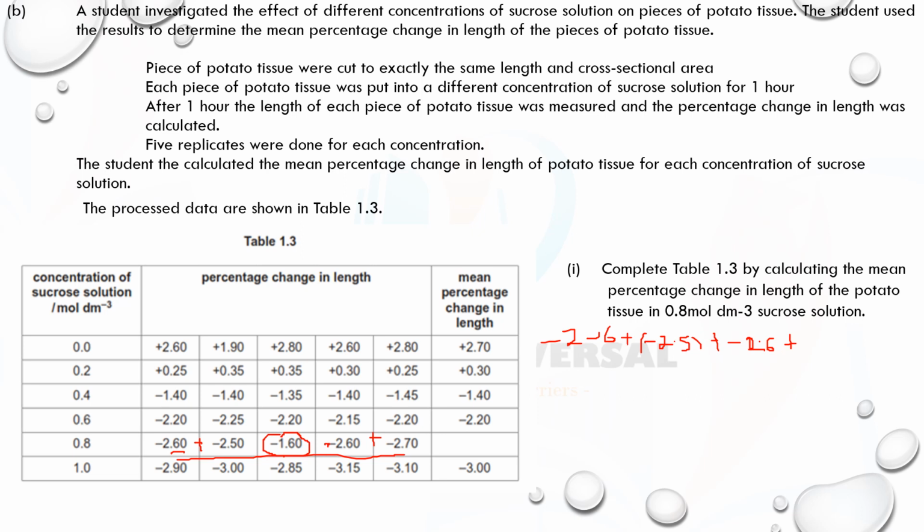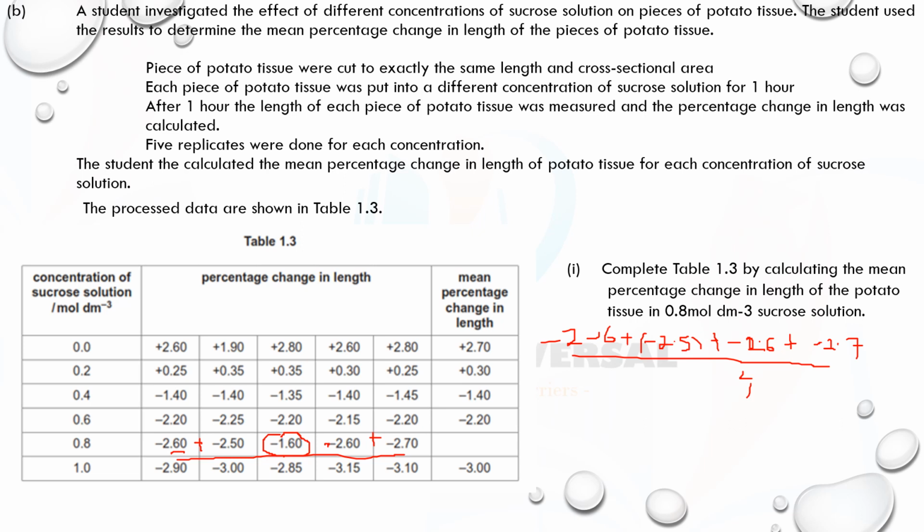So just add up the negative values and then divide by 4. Add up negative values, divide by 4. Because there are 4 of them, divide by 4. Okay, so get a calculator, let's do it.